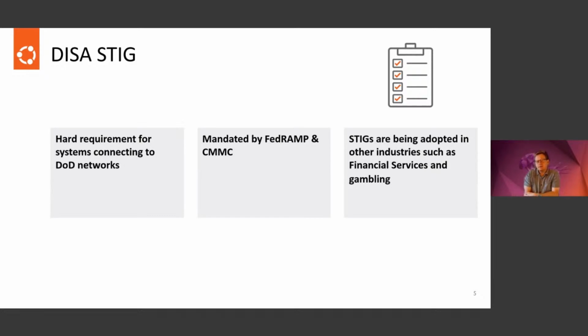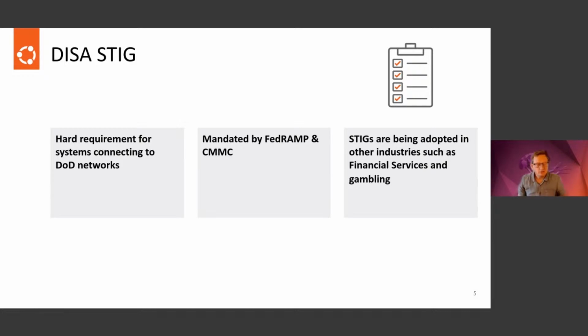We've also seen other industries outside of the DoD using STIG as a good baseline. Some financial services and online gaming and gambling companies are now collaborating around the STIG as a well-known baseline for hardening their applications.